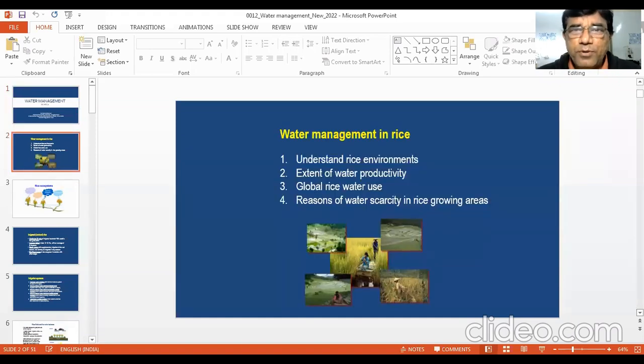However, in general, if you reduce the water supply, yield in general decreases and your water use efficiency increases. If you decrease the input of water, yield generally decreases, but water use efficiency increases. So in this, we have seen rice environment and extent of water productivity, global rice water use, and reasons of water scarcity.